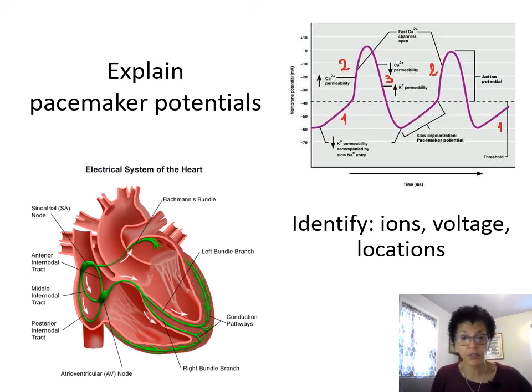Those electrical events leave that pacemaker and go to a second set of ganglia that delay the signal so that atria and ventricles are out of phase. So again, we have a pacemaker that sets the rate, and then a structure nicknamed the gatekeeper that delays the signal.